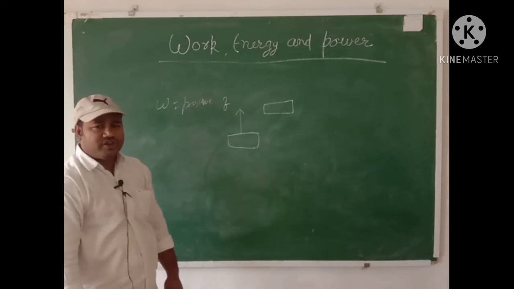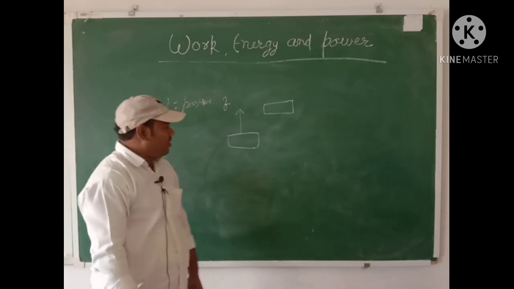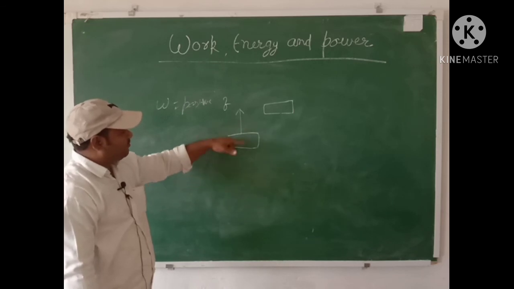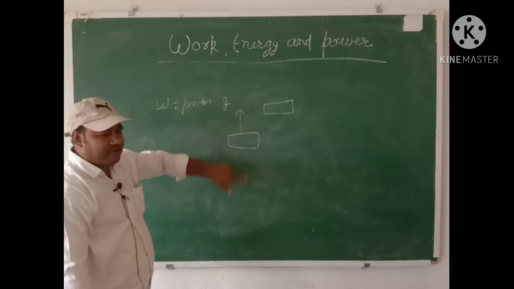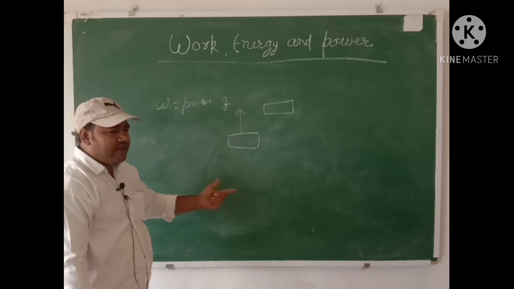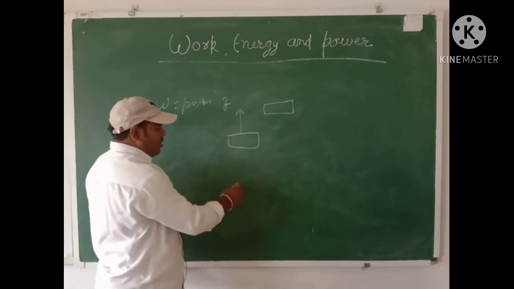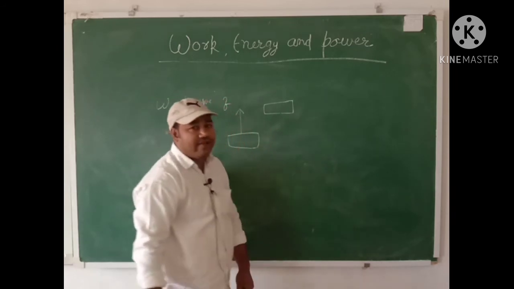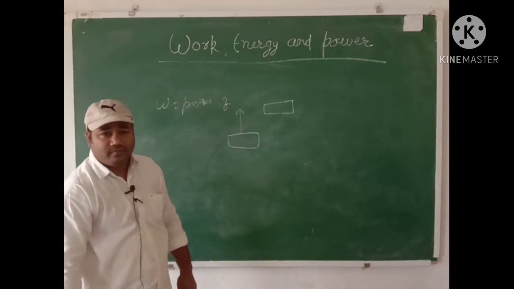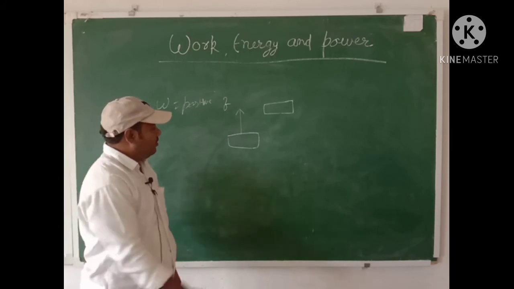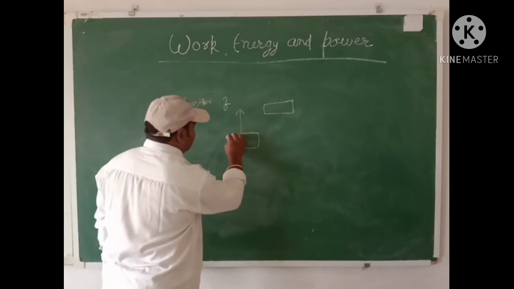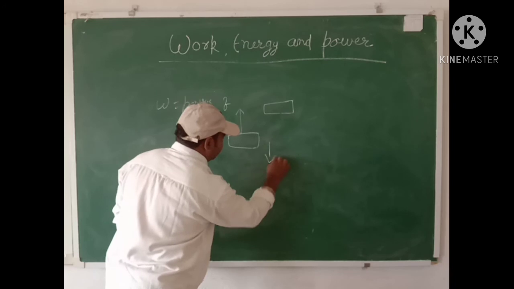Okay, now the question must come in your mind. Sir, the brick has been shifted up, means displaced up by the force applied by you. Is there any other force applied on this brick? Yes, there is a force of gravity, the gravitational force. Gravitational force is applying the force in the downward direction.